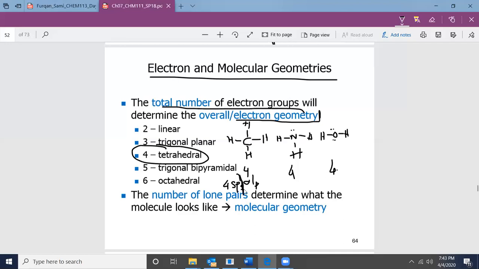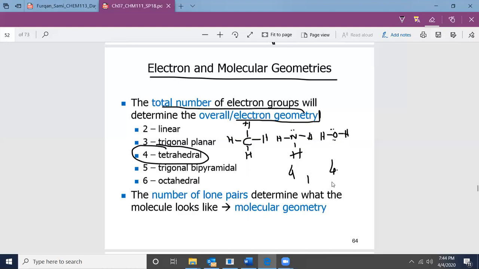Or I can just make a slash here, okay? So then here you have 4 shared pairs, and how many lone pairs? 1 lone pair. Here you have 4 total shared pair. Oh no, I'm wrong. Okay, again going back to, it's not about the shared pairs.